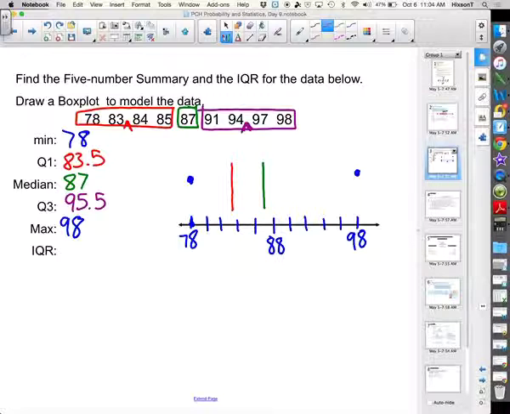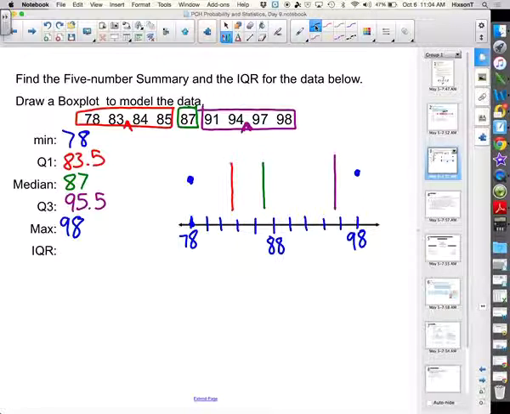And then for Q3 I have 95.5. So here's 88, 90, 92, 94, 96. So 95.5 is going to be right about here. And I put a vertical line there as well. Okay. Now I just need to draw my box and the whiskers. Okay.